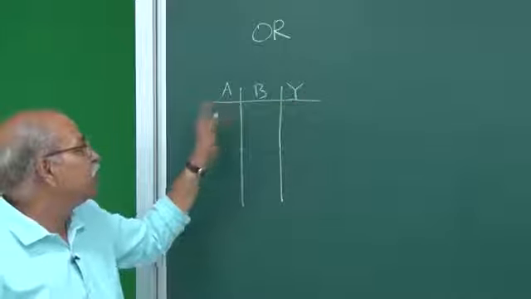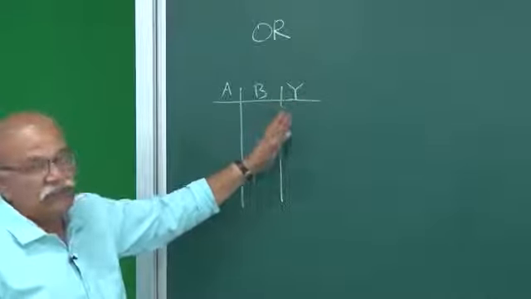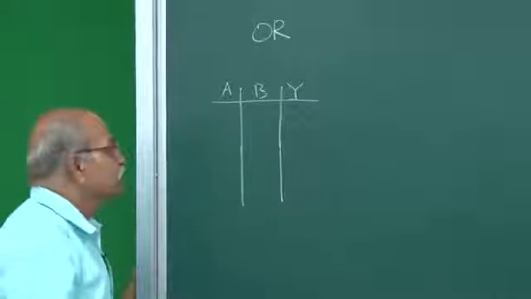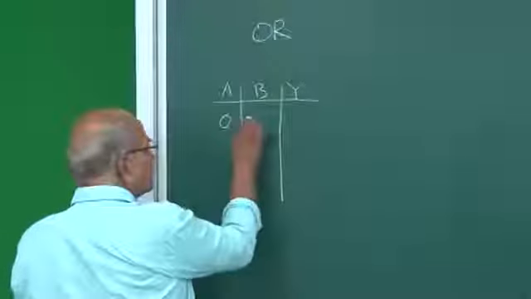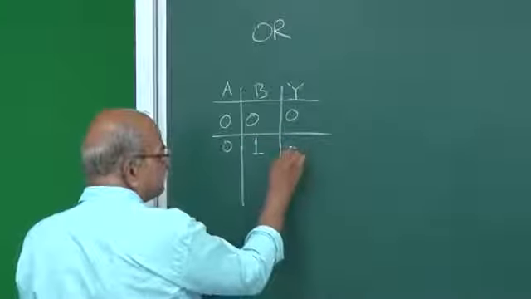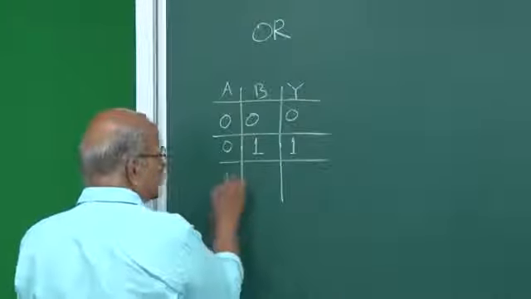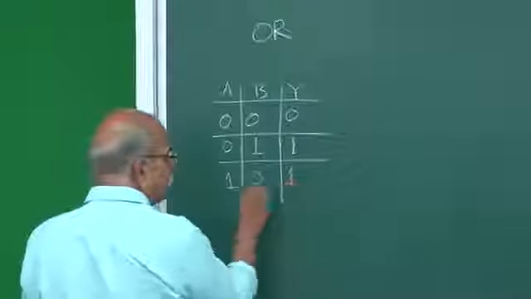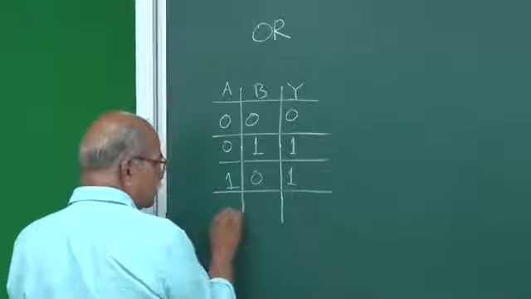Only if both the inputs are 0, this will be 0, otherwise it should be high. So that is called OR. 0, 0 should give me 0, but then 0, 1 should give me 1, and 1, 0 should give me 1, and 1, 1 should give me 1.